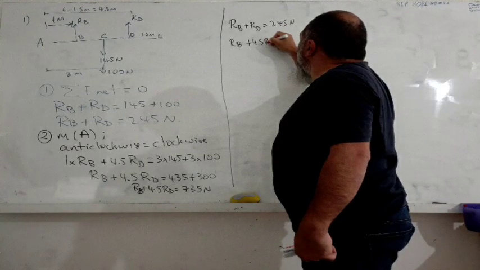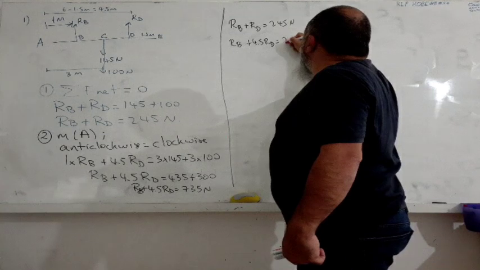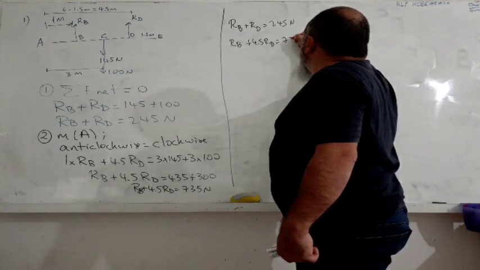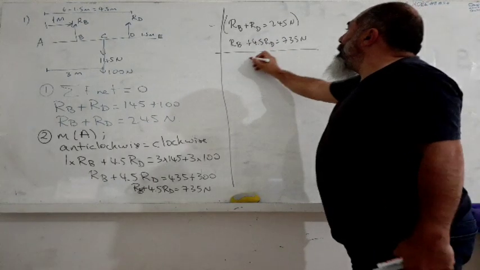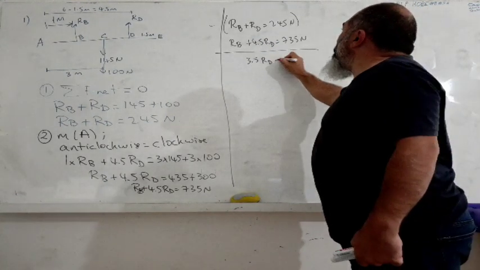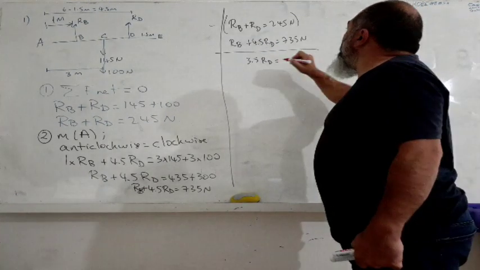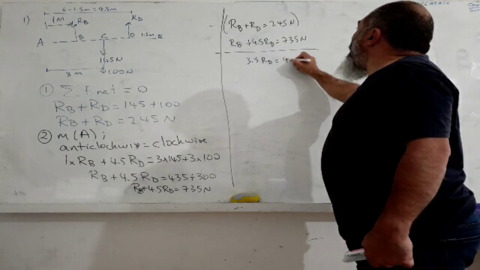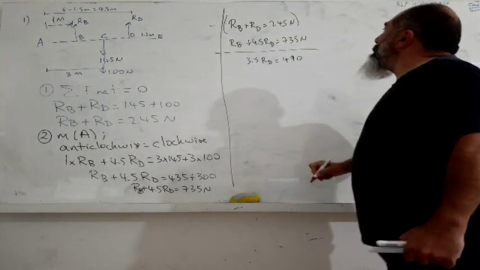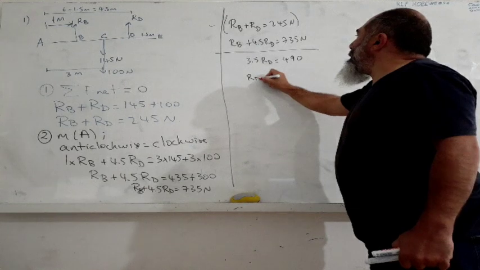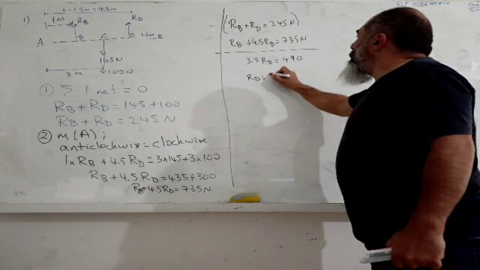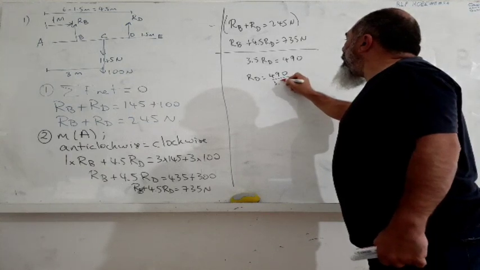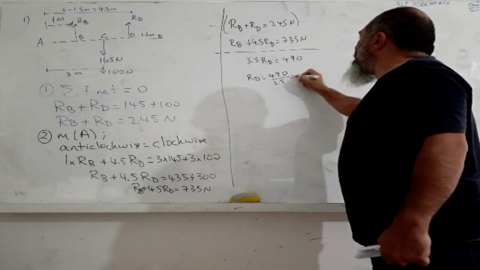Put a negative sign there and subtract them. 3.5 RD is equal to 490. So RD is equal to 490 divided by 3.5. So it is 140 newtons.